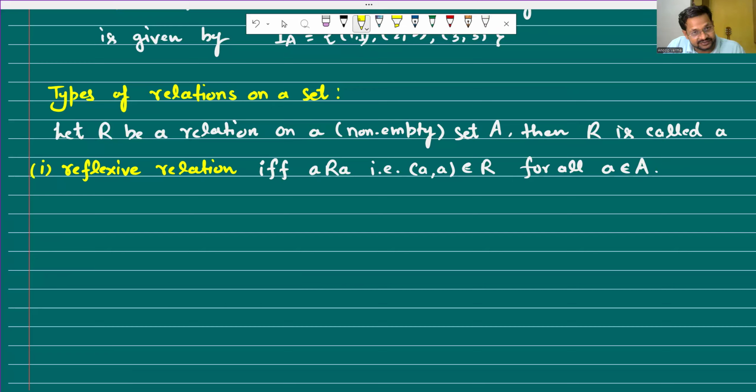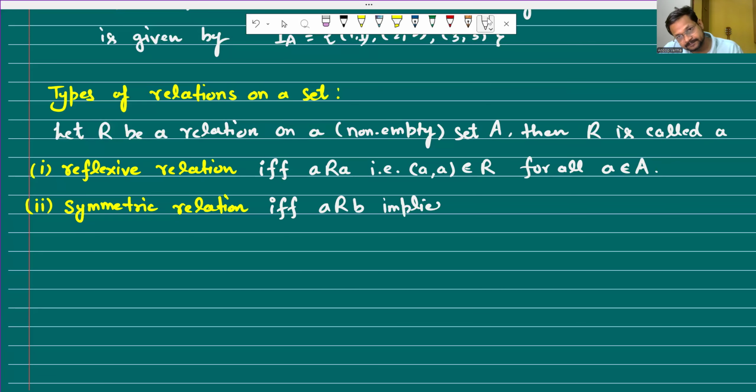Next is the symmetric relation. A relation is said to be symmetric if and only if A related to B implies B is related to A. It means if the pair A comma B is present there, then the pair B comma A should also be present there. Then that relation is called a symmetric relation.